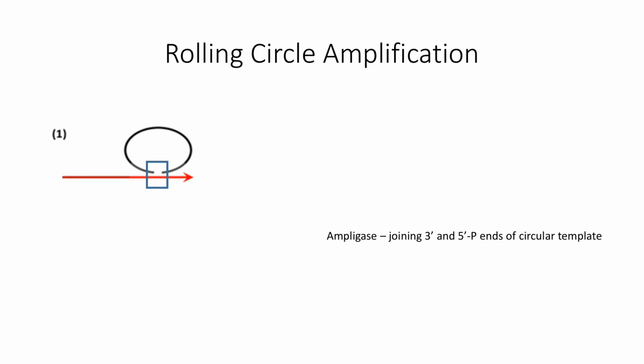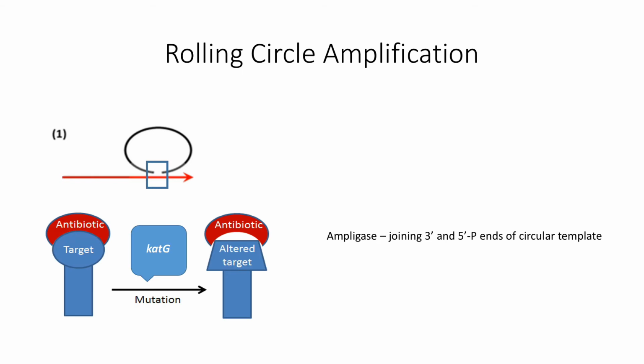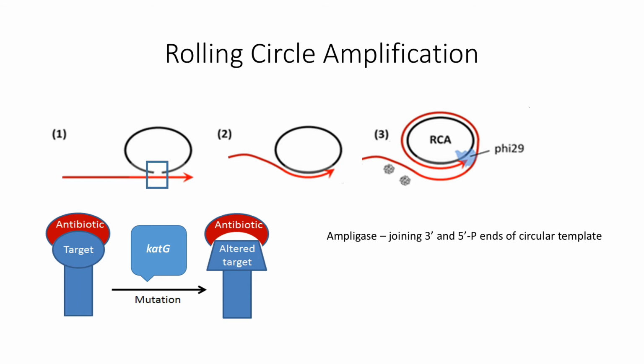And then after joining the 5 and 3 prime ends and forming the circle, which will only take place in case of perfect match on both sides of the padlock probe, another enzyme, DNA polymerase phi29, is employed to synthesize the copy of the padlock probe.